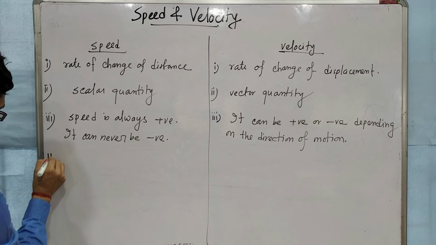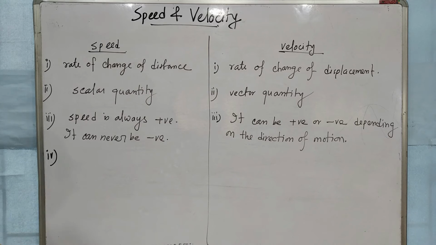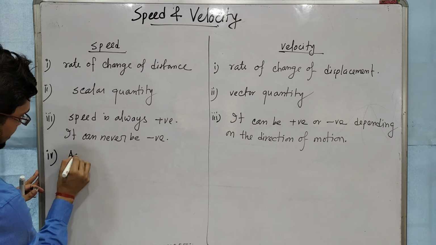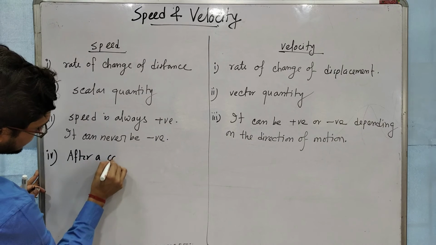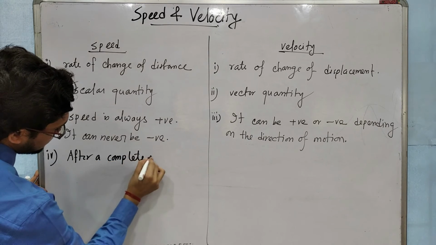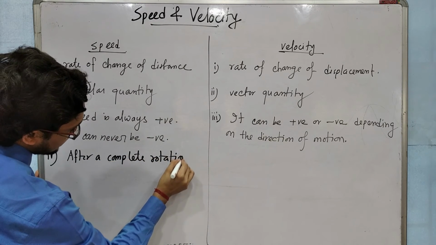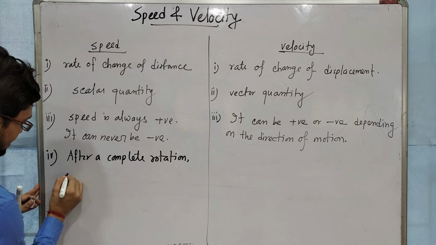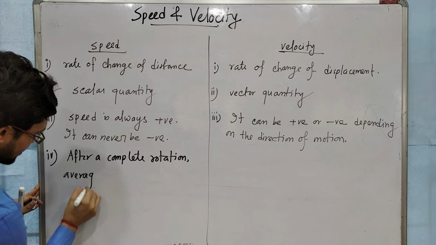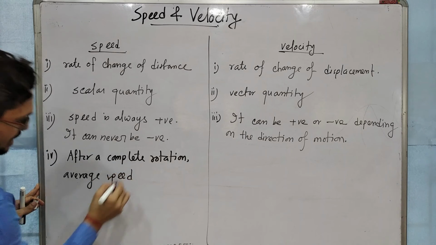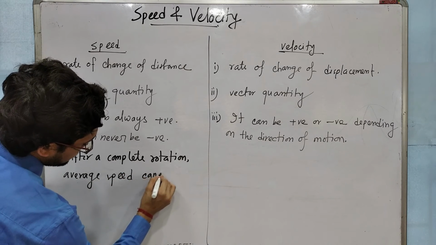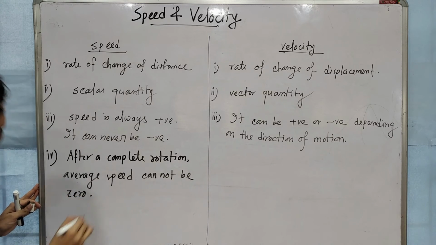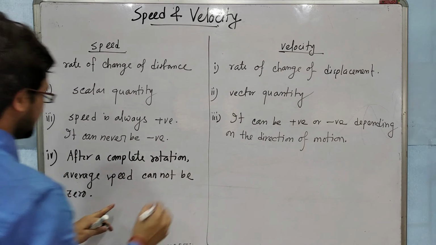Fourth one is, after a complete rotation, average speed cannot be 0.